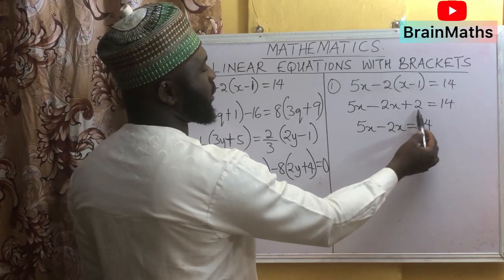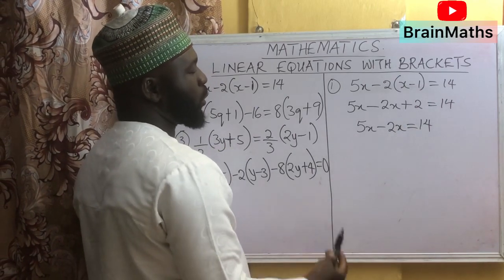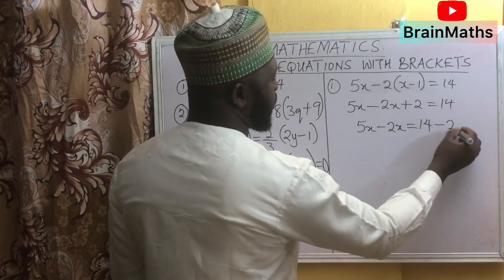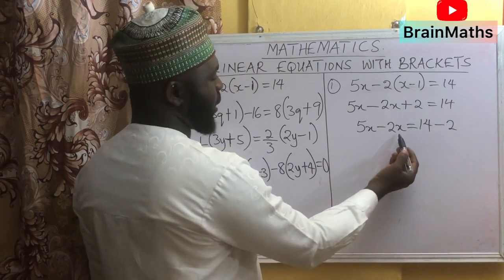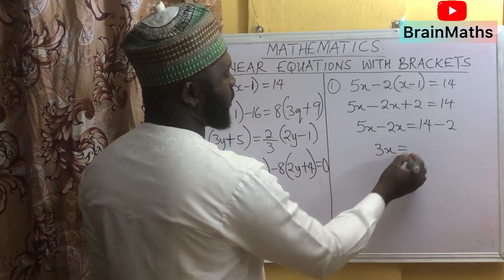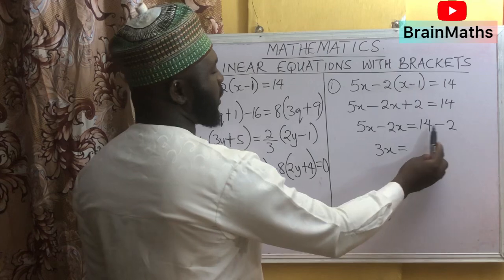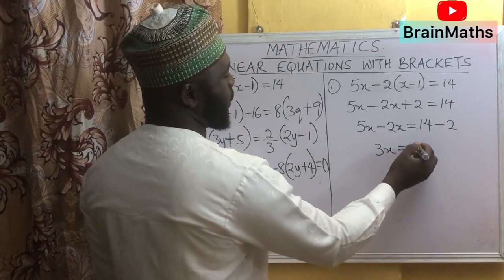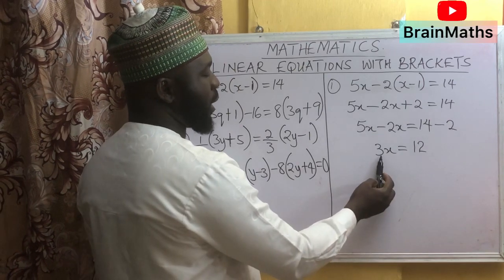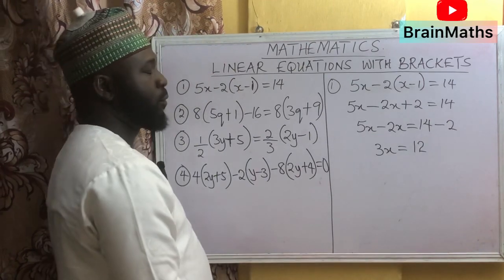For us to eliminate it from this side, we are going to subtract 2 from both sides. So we have minus 2. 5x minus 2x is going to give us 3x, which is equal to 14 minus 2, which gives us 12. Now we have 3x equals 12.